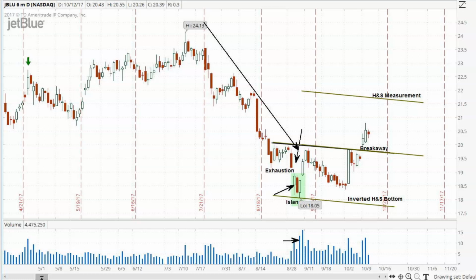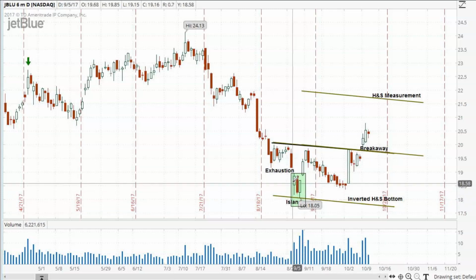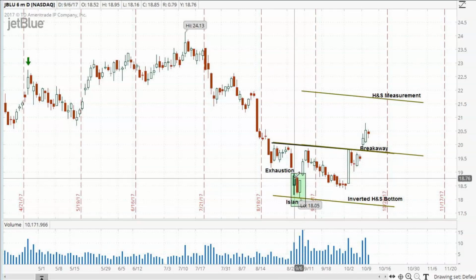Right there, and it turned, and you could see that. Now, there's a tool that I don't have on here because I didn't want to confuse the chart, called accumulation distribution. I often have that on my charts, and this will, when you get a high volume day that actually closes up higher than it began, you're going to see an upward pop in that accumulation distribution. That is another hint of an exhaustion gap.